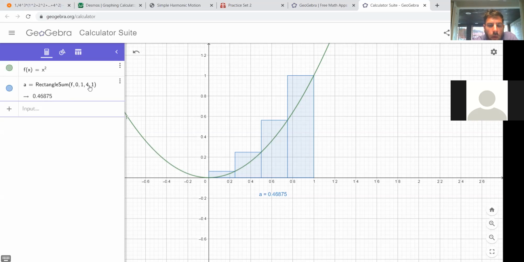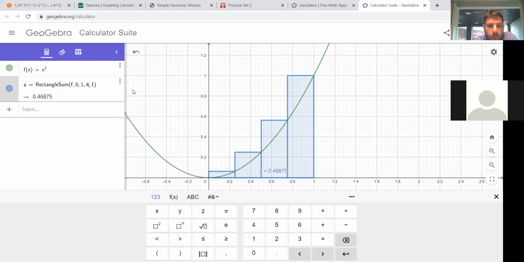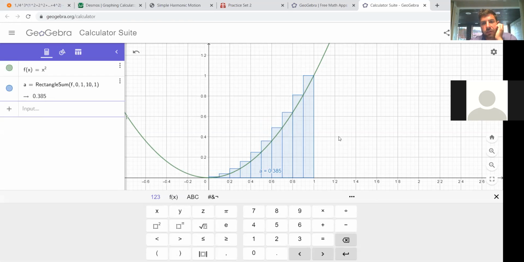Now, what I'd like you to think about is the visual of what happens if, instead of using 4, I use 10 rectangles. Even to our eyes, the approximation should become better because we are cutting out error.